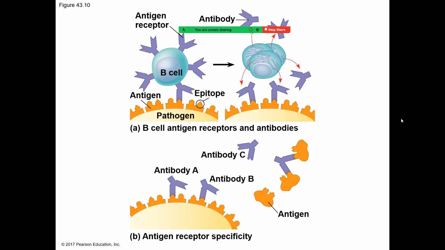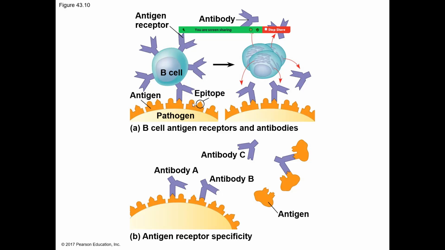So this is showing you an example of this process of B cell activation. So you can see here's a pathogen. In this case, let's just say that this is a bacterial cell. This bacterial cell has antigens on the surface, and you can see that the antigens have not only one epitope, but multiple epitopes.